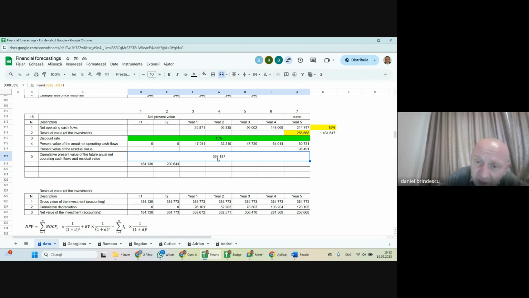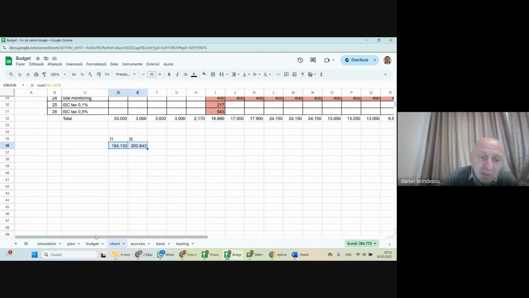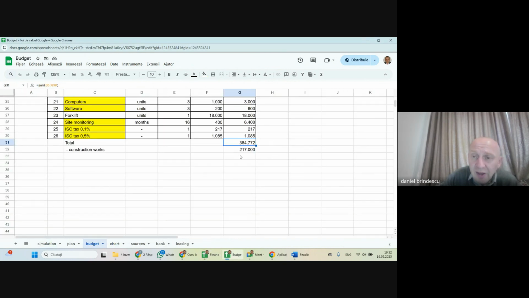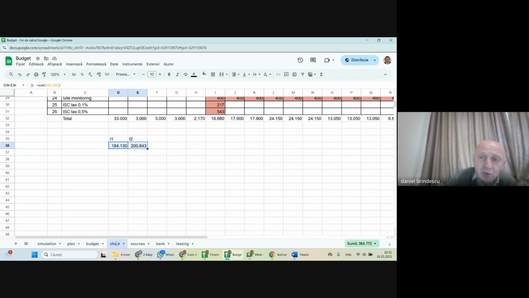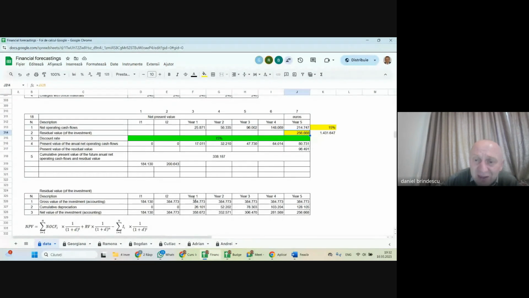This is what I would pay today to have these gains in the future. Let's see how much I do pay. According to my budget, I would have to pay 384,000. However, I would not be paying the 384,000 today. It would take me 2 years. I have to estimate the present value of these future payments as well. So this is the investment.